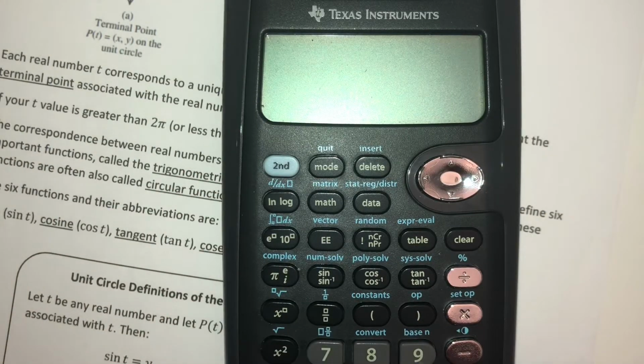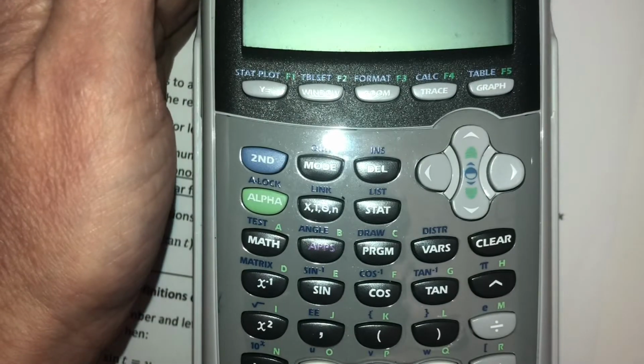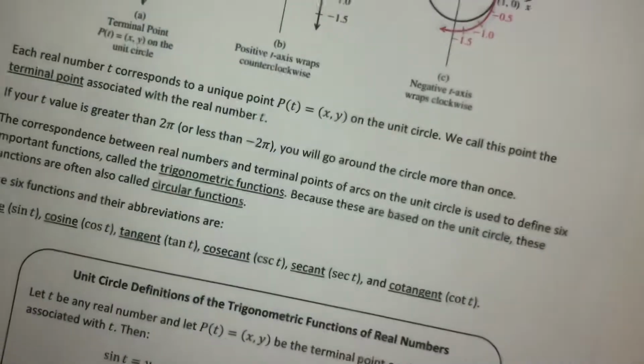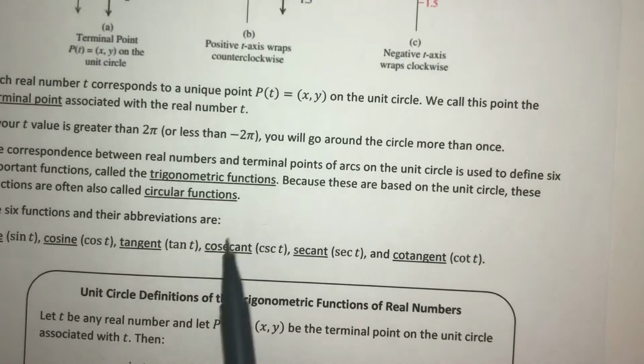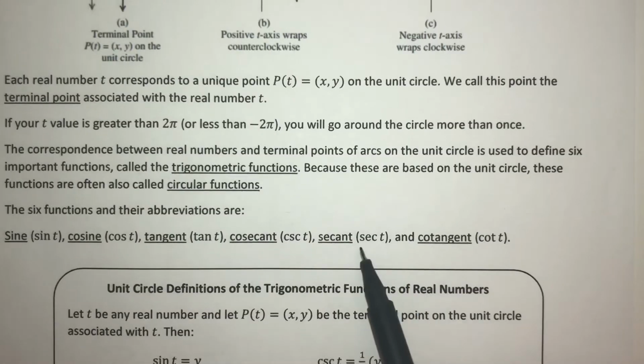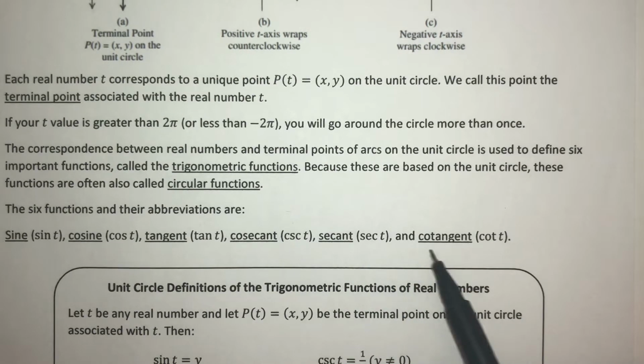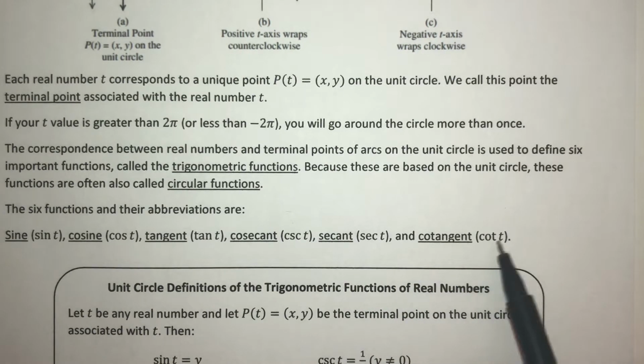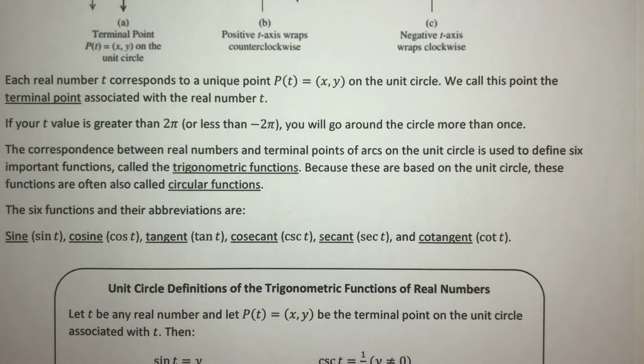Doesn't matter which kind you have, you're going to see sine, cosine, and tangent on all of them. Now our others are cosecant, which is C-S-C, secant, which is S-E-C, and cotangent, C-O-T.